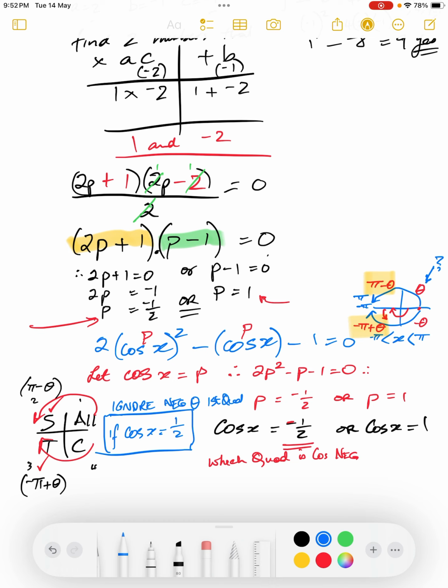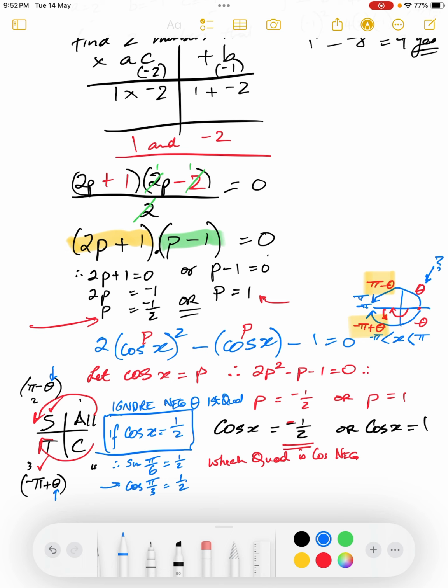So really we want to find this theta value here. If I can find theta, I can substitute it into our two rules here. Well, if cos of theta is a half, maybe you remember, sine of 30, sine of pi over 6 is a half, or cos of the reciprocal, cos of 60 is also a half.